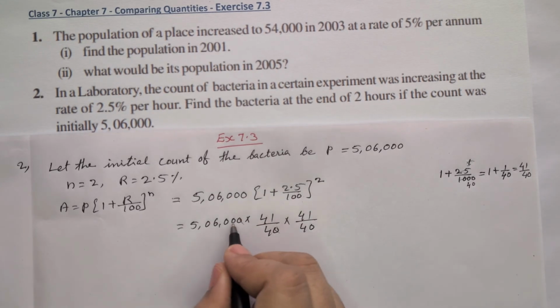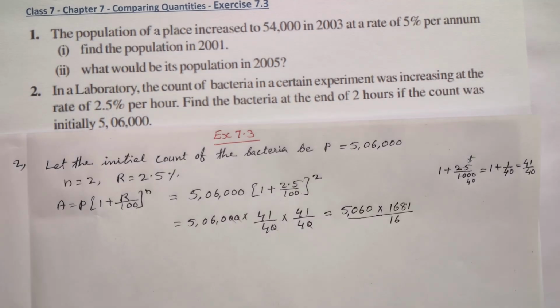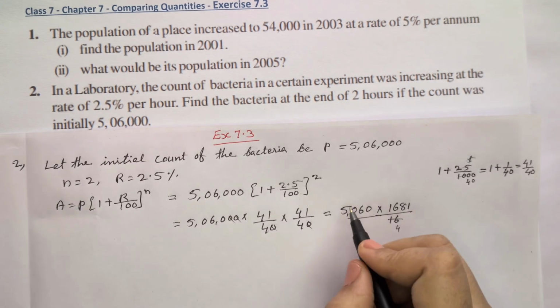We can cancel the zeros and simplify. So we can divide by 4, here 4 times.